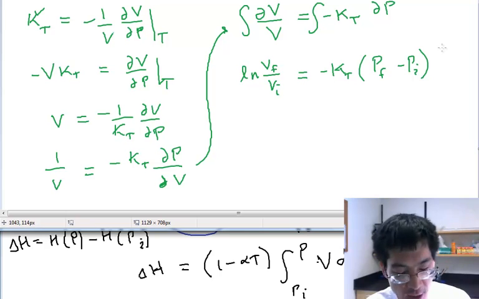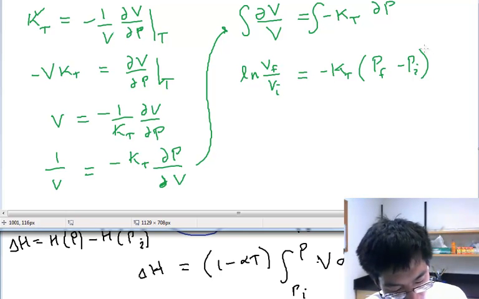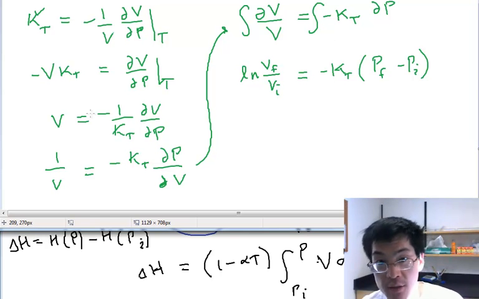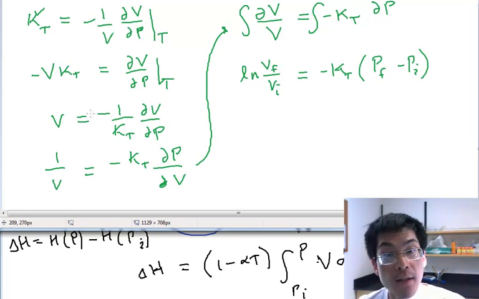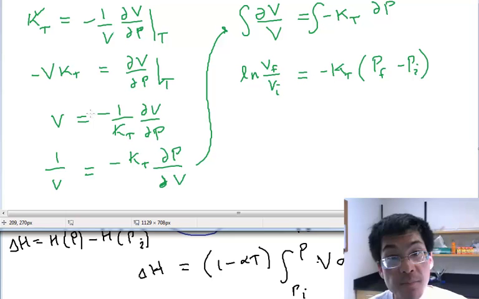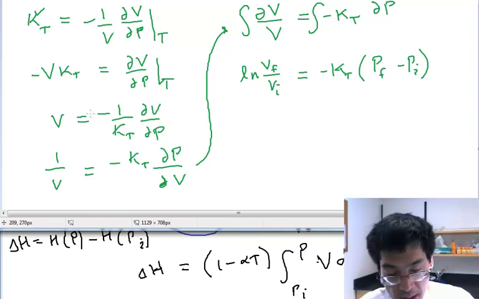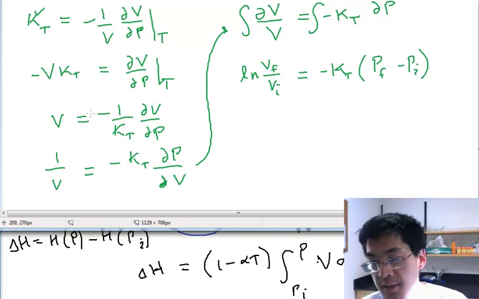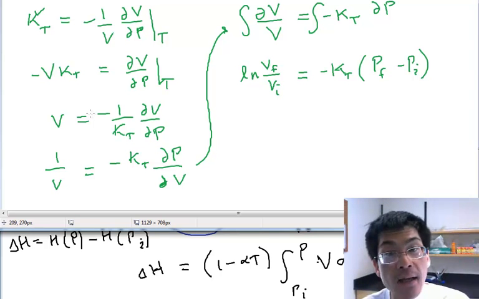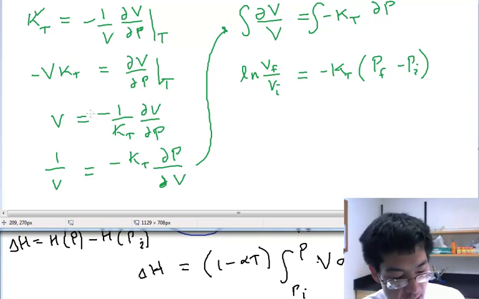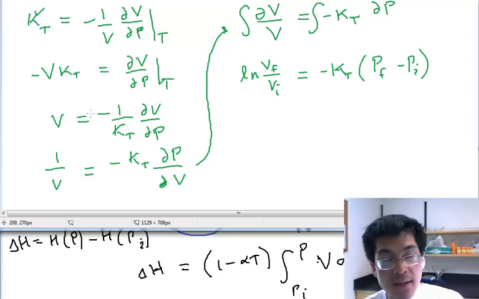Okay, now Camille, notice in the equation that is shown in the problem, they use P and Pi. They don't call it P final, they just call it P. So I'm going to do the same thing. Instead of saying VF, I'm just going to say V. P is the thing that depends on whatever happens in the experiment, and so is V. Pi and Vi are the initial conditions that are constants.